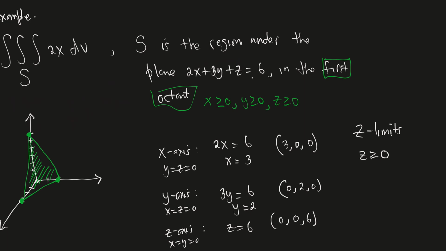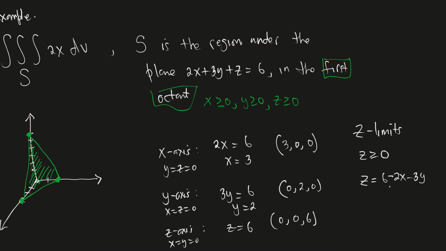If I solve my equation for the plane, putting it in explicit form, we get that z equals 6 minus 2x minus 3y. And because the question says that this solid is under the plane, z can't be any greater than 6 minus 2x minus 3y.